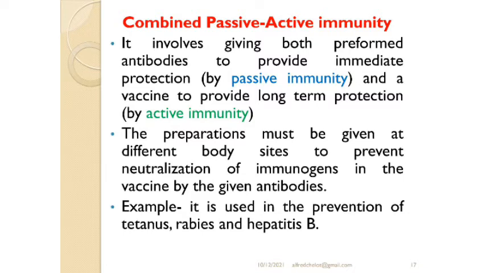The preparations which will induce both passive and active immunity must be given at different body sites to prevent neutralization of immunogens in the vaccine by the given antibodies. For example, this type of combination is seen in the prevention of tetanus, rabies, and hepatitis B.